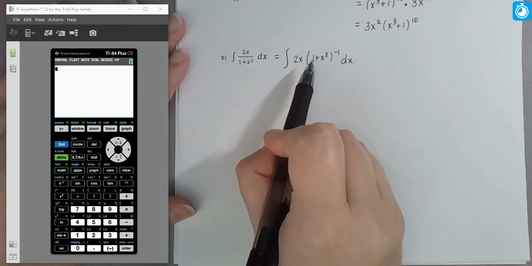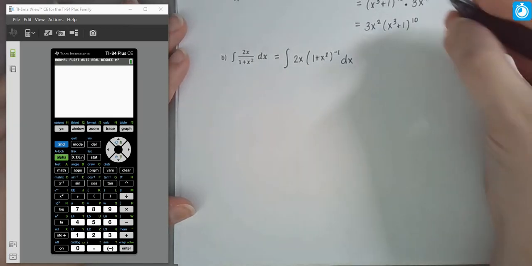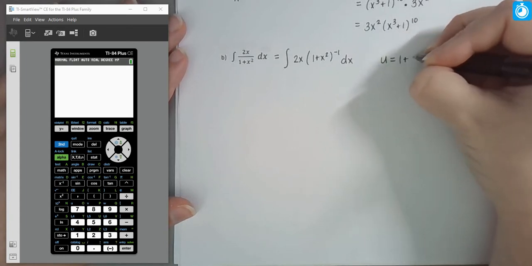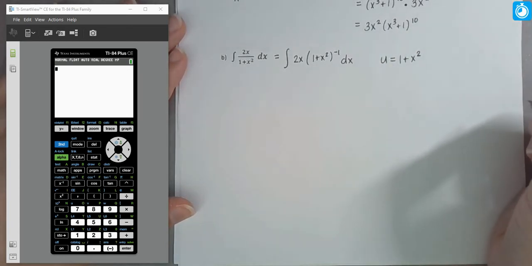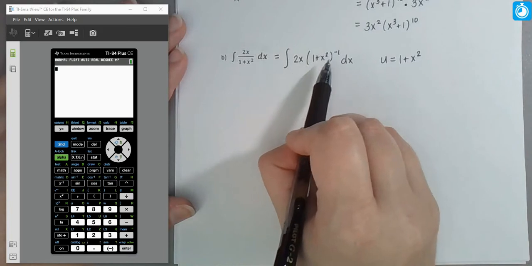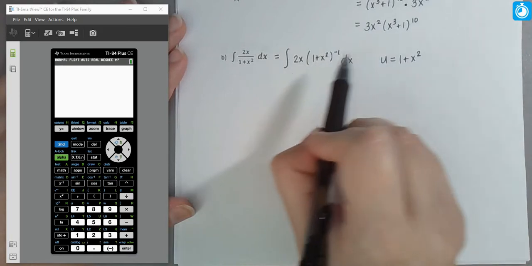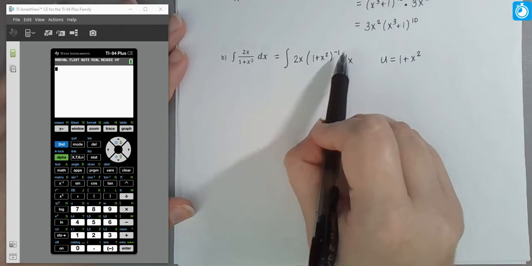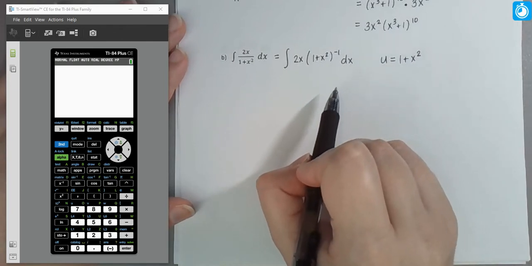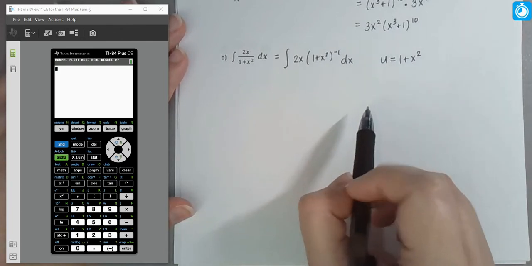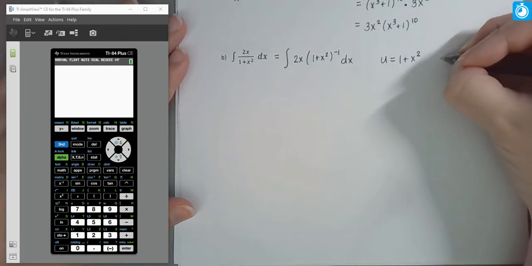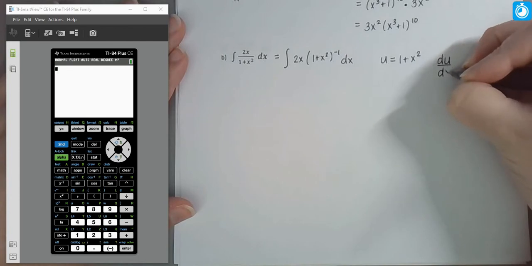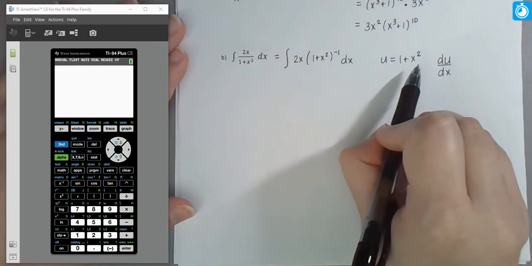So now we're going to make our substitution for our inner function. We're going to let u be 1 plus x squared. Wherever we see that 1 plus x squared, we're going to replace it with u, which will simplify that quite a bit. But we also have to replace our differential to indicate the new variable of integration u. So in order to have something to replace for dx, I'm going to take the derivative using the expression for my substitution.